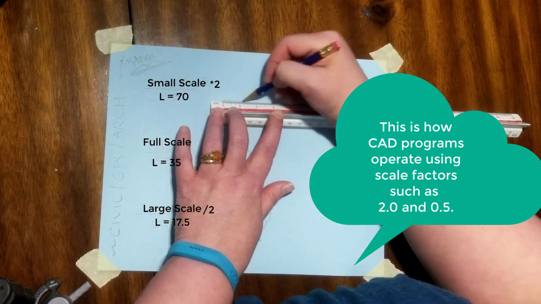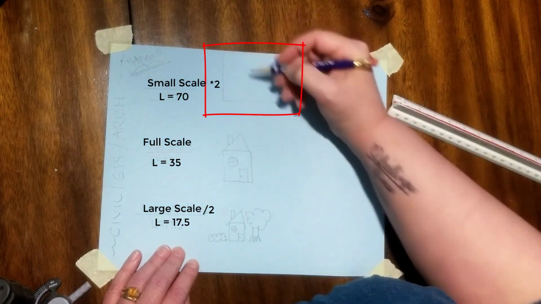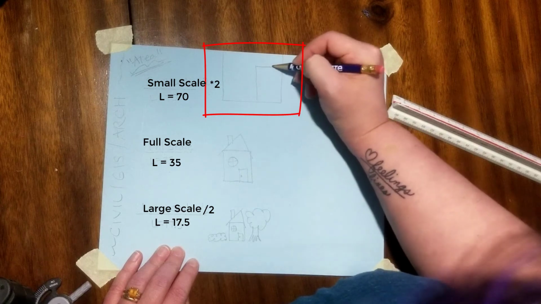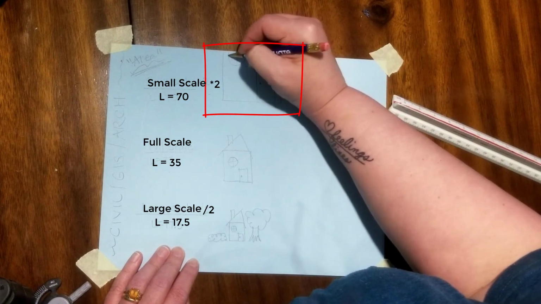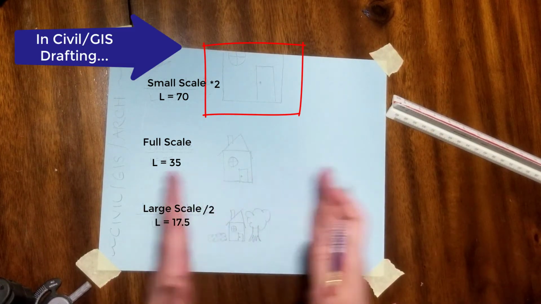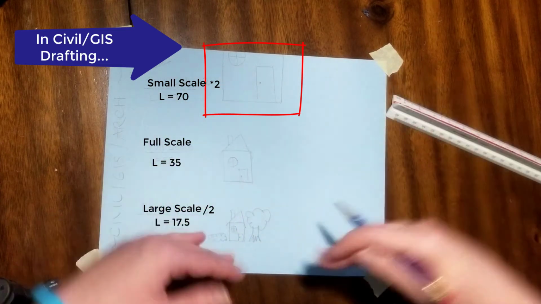Remember, I've got the same sheet of paper though. So maybe I'm just focusing in on the front door or something. Okay, so I don't have room for everything that I did in the large scale because this is showing a large area.